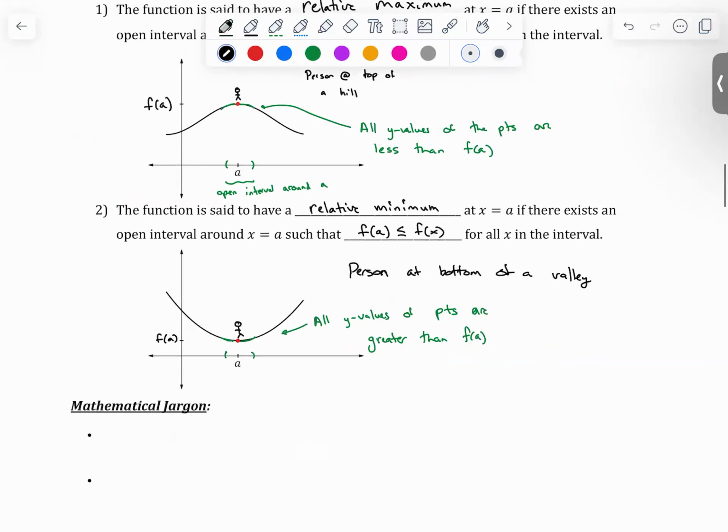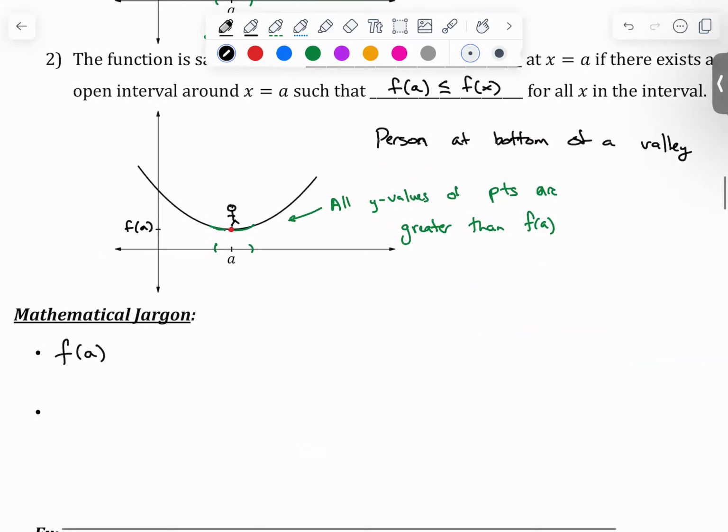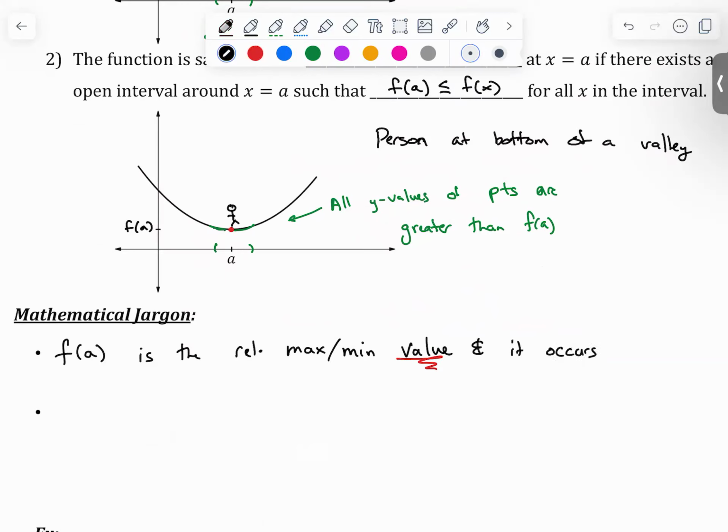So a little bit of jargon then, because this is important. Sadly, it's important. So f of a, let me zoom in just a smidgen to make my handwriting better. f of a is the relative max slash min value, and it occurs at x equals a.